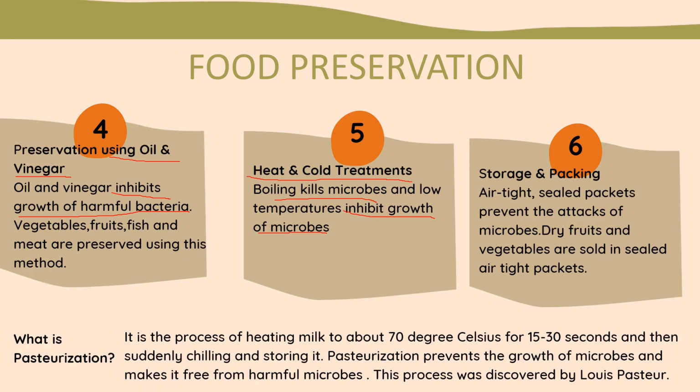We will discuss what this method called pasteurization actually is. The next method of food preservation is proper airtight storage and packing. You have seen dry fruits and vegetables. If you order them online, they come in airtight packets. This is to prevent the attack of microbes on them.